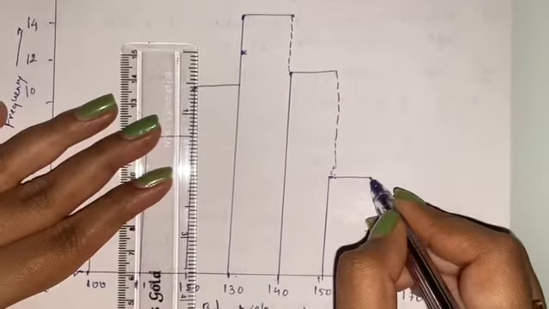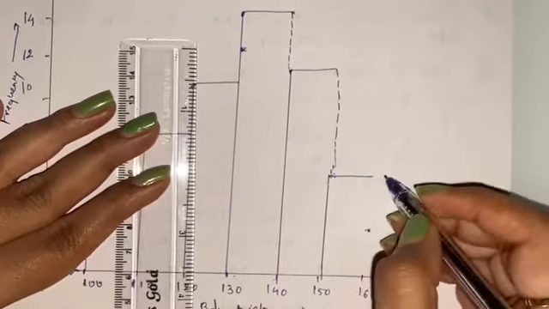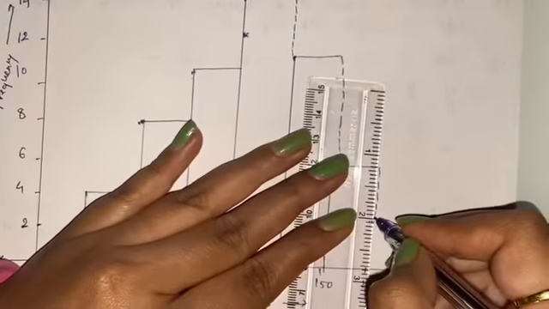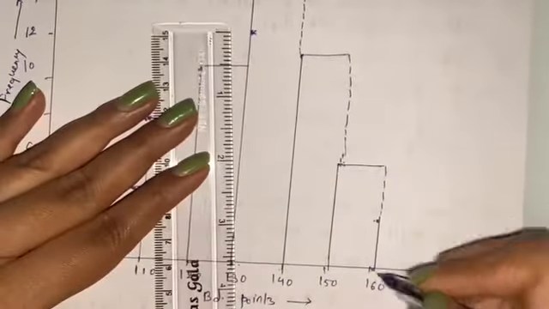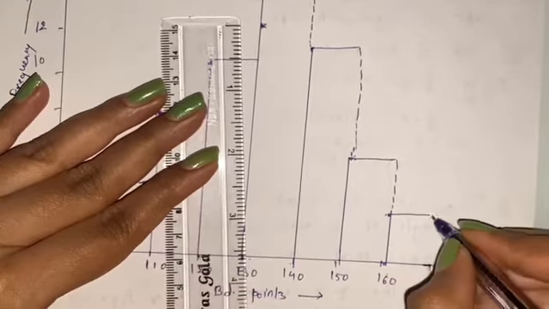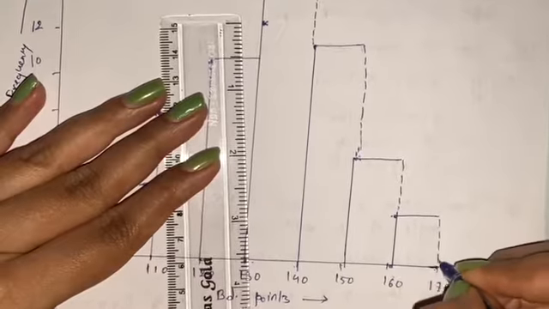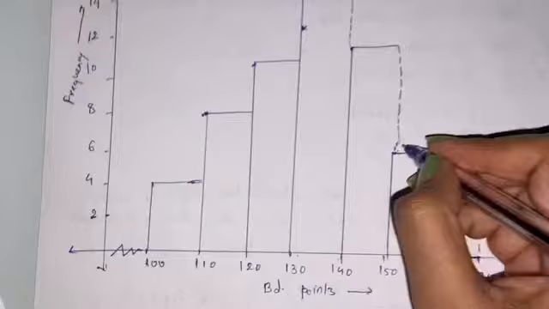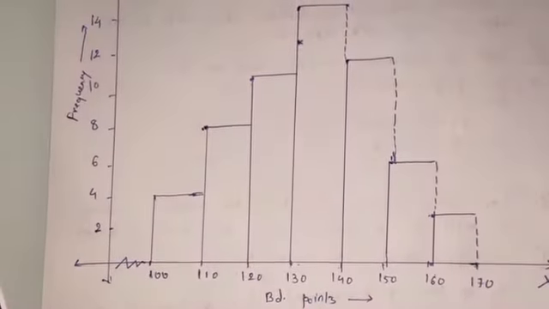Left to right. Again you have to come down the dotted line, so at 160, and at last it will be 170. So this is the way to draw a histogram.